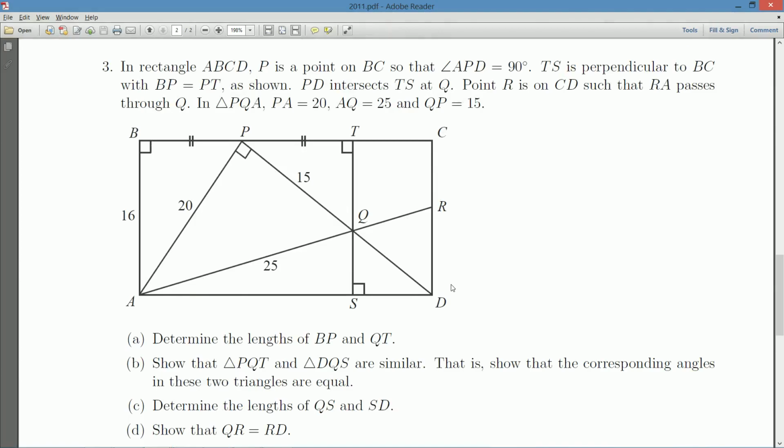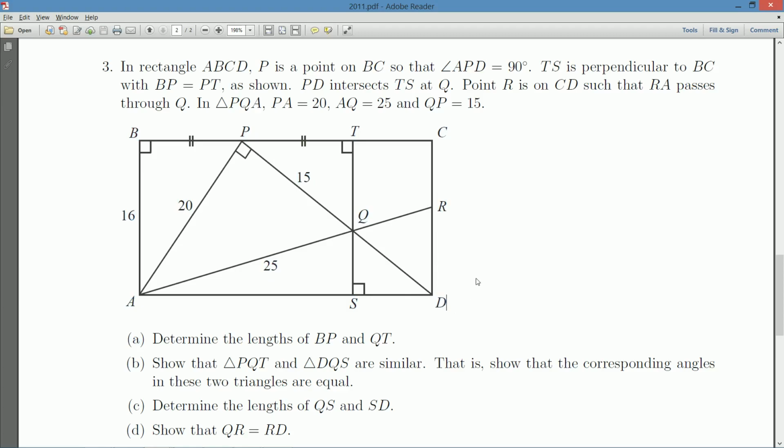So, something in two approaches. Either we give QR and RD variable names like X and Y and plug them into that Pythagorean triangle equation. So the hypotenuse would be 25 plus X, squared, is equal to Y squared plus whatever AD squared is.